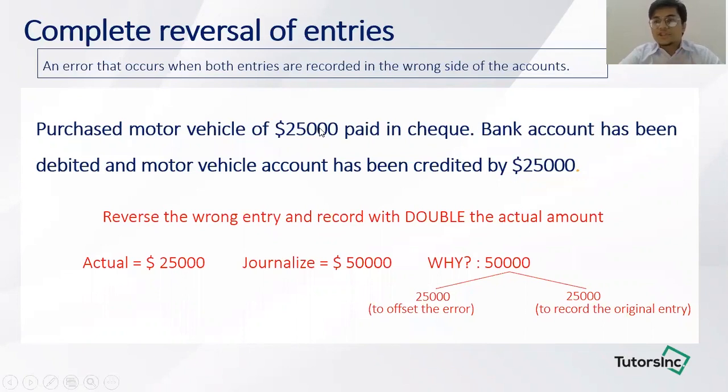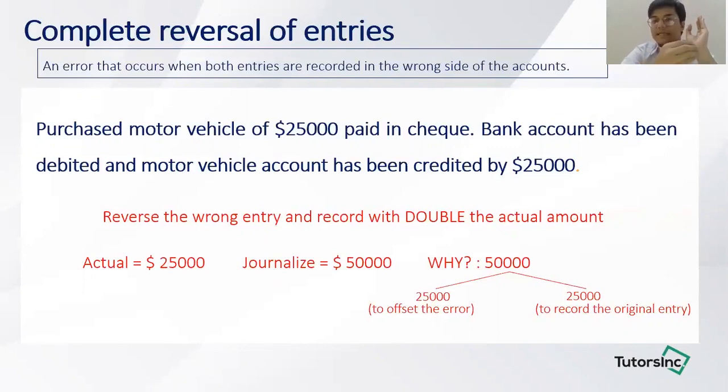So look at the situation. We have 25,000 on the debit side of the bank account, which is an incorrect entry. Now, in order to correct this entry, we have to make sure that there is $25,000 on the credit side of the bank account, and the $25,000 that we have entered on the debit side by mistake is not there anymore.